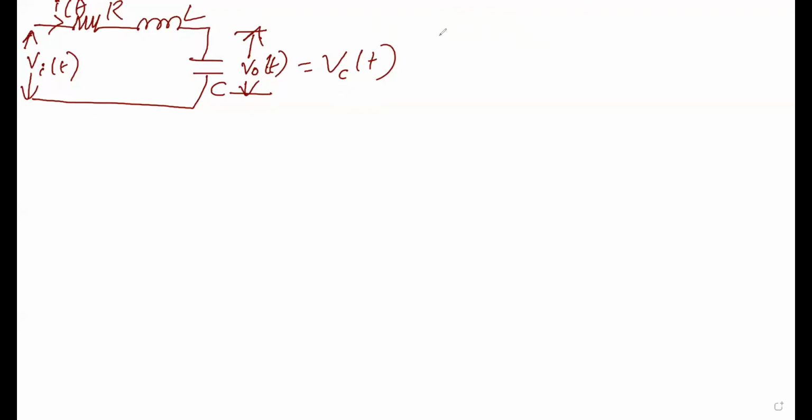First of all, tell me what are the storage elements? Inductor and capacitor.